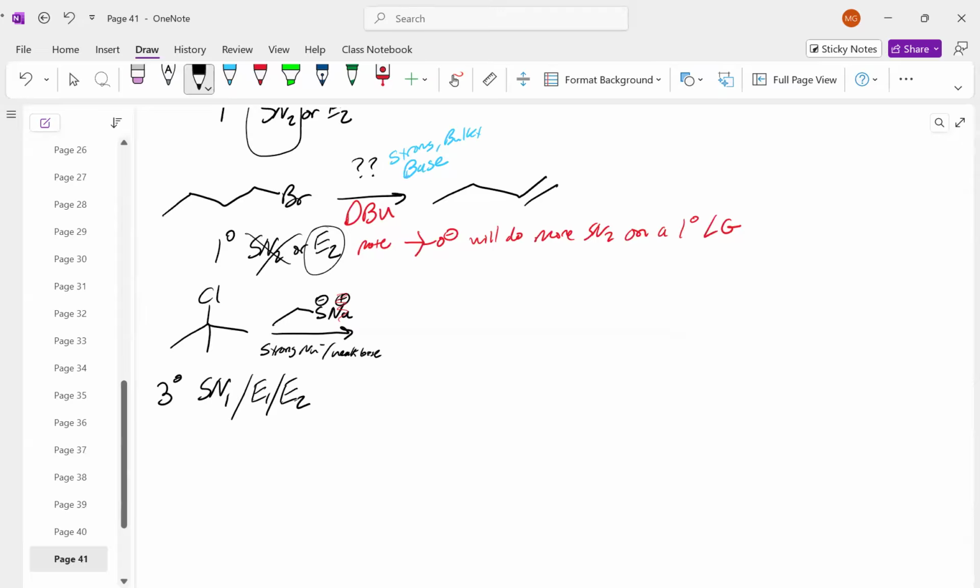So that's going to eliminate E2. That's also going to eliminate E1 because E1 requires weak nucleophiles or weak bases.